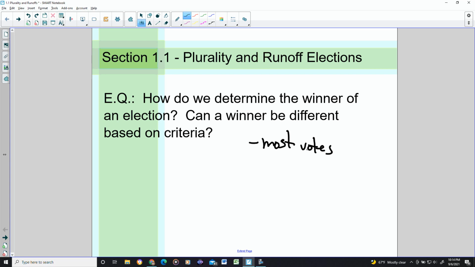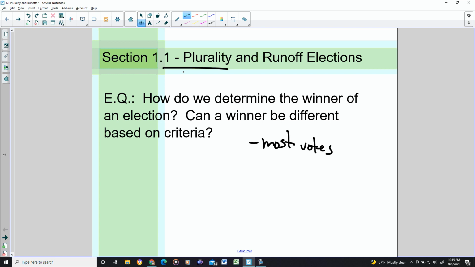The other question is then, can a winner be different based on different levels of criteria? Yes, otherwise we wouldn't be having this discussion, but some of you know a few other ways that elections can be run, and we'll talk about all of them and what they mean. But for now, we're going to focus on this word called plurality.